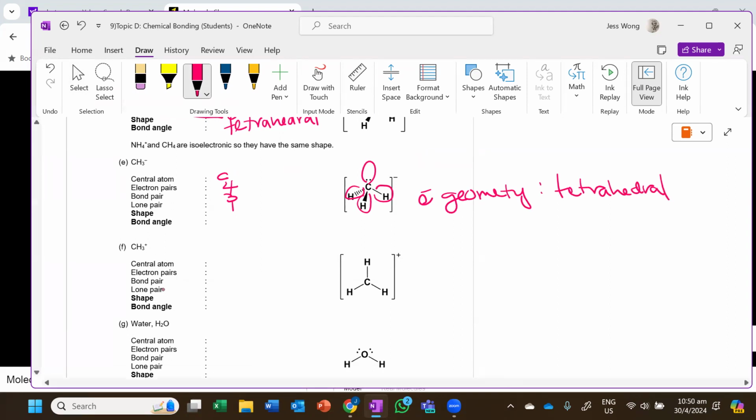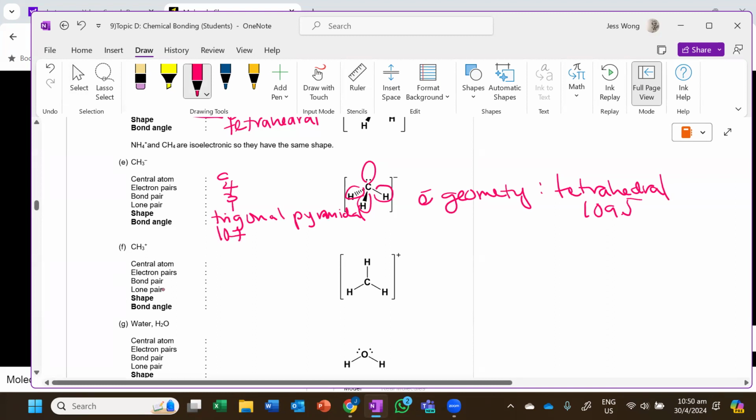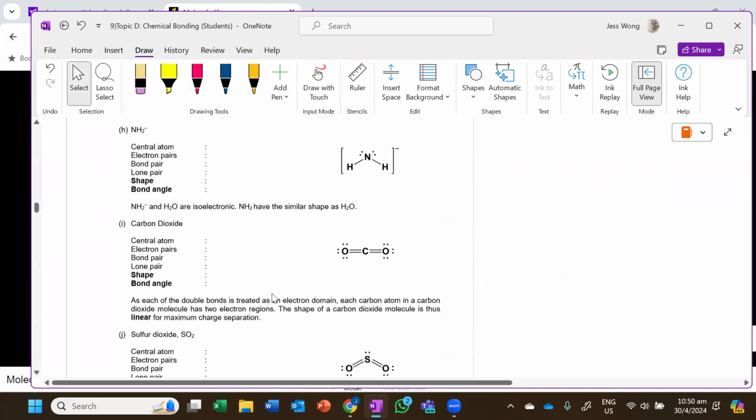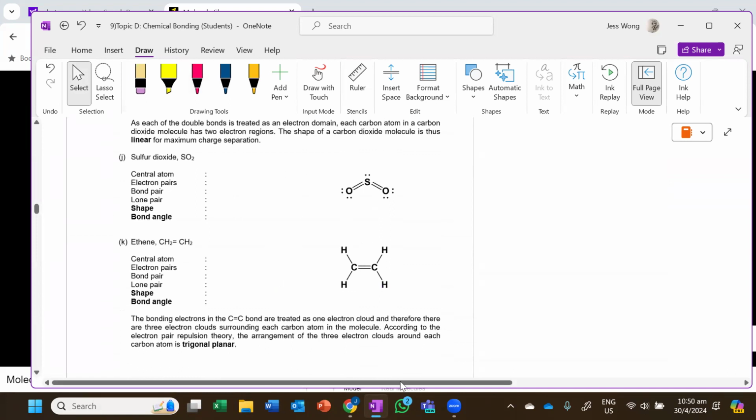Because if you cover up the lone pair, the shape will be trigonal pyramidal. And the angle will modify from a tetrahedral 109.5, and then you compress it to 107. Okay? So roughly, that's how you work out the shape and the angle. You can practice the rest on your own.